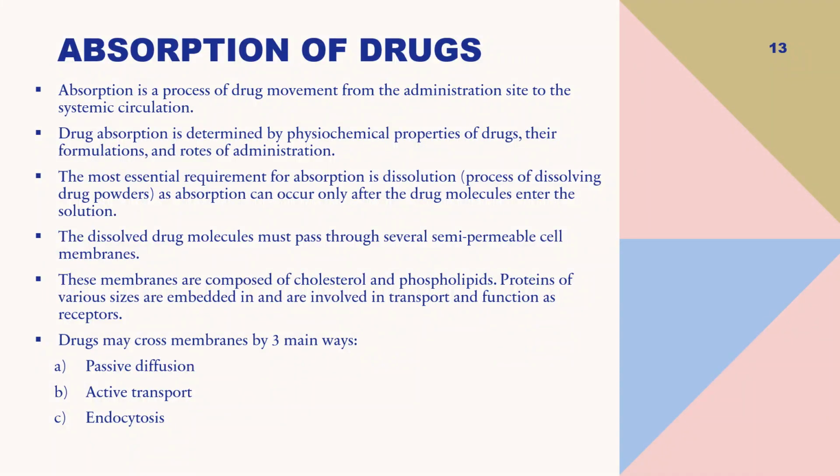It is the journey the medication takes to enter the blood circulatory system. Drug absorption is determined by the physicochemical properties of the drug, its formulation, and the route of administration.